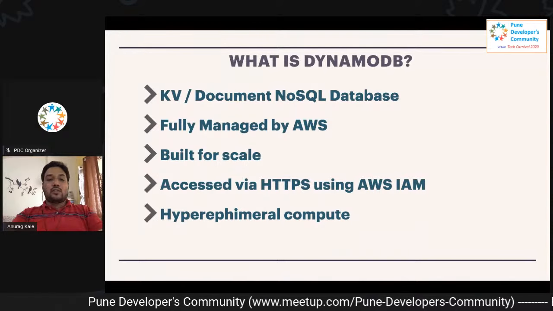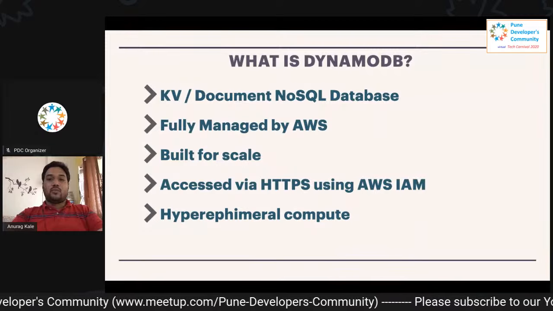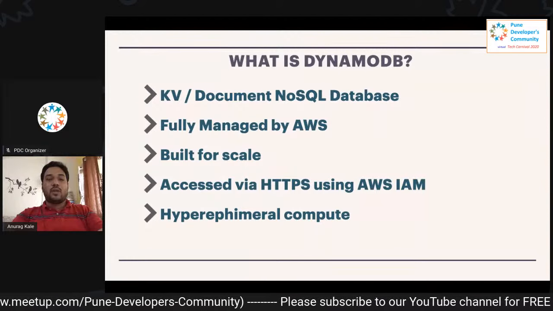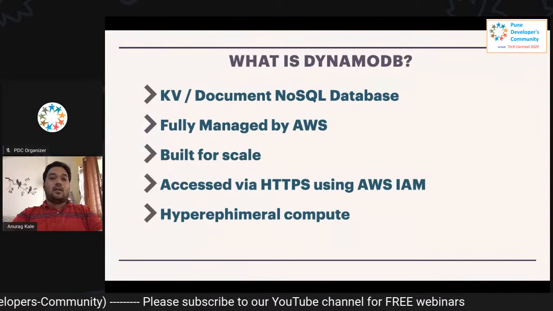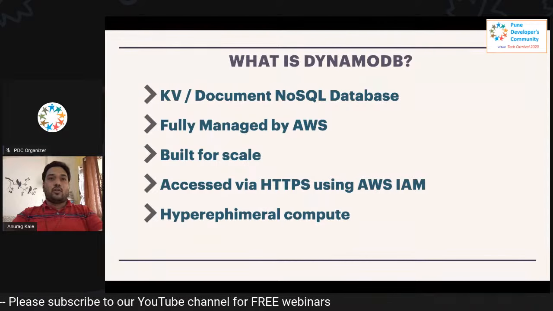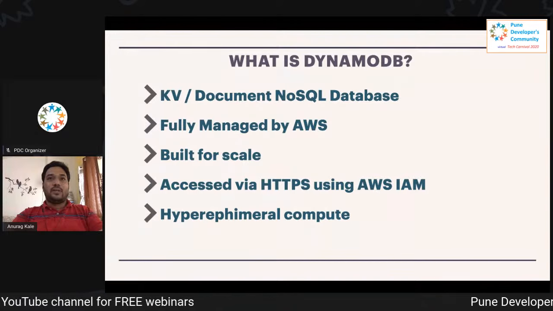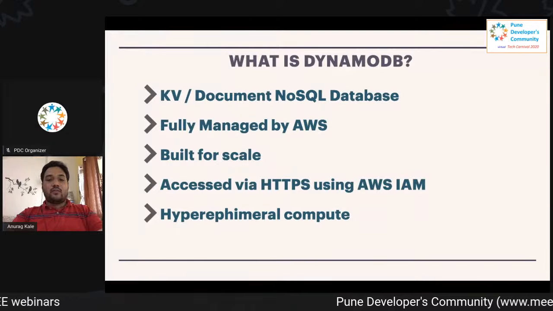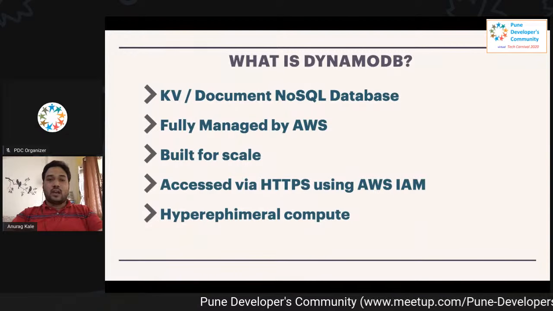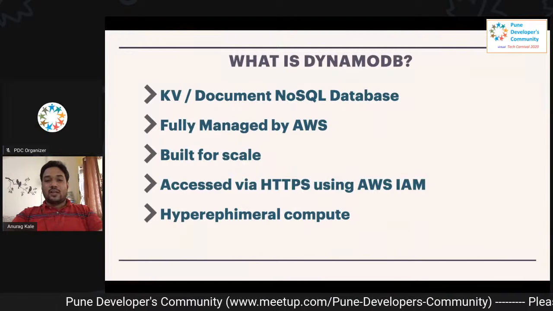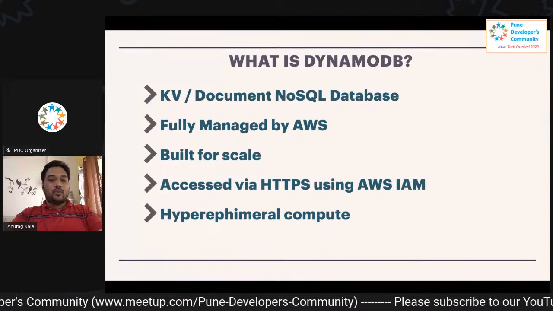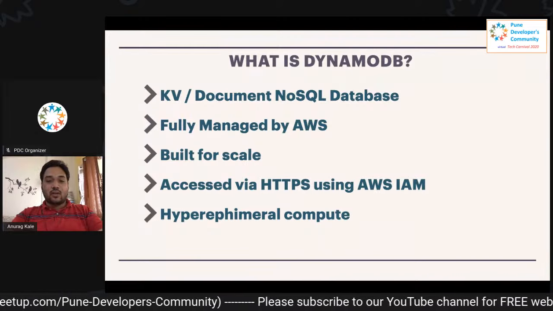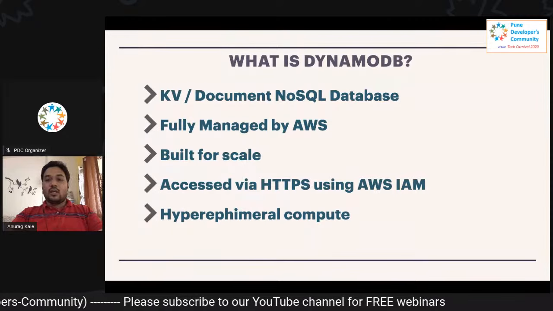It also falls into the category of hyper-ephemeral compute, which basically means you pay for what you use and not for what you are not using, and it can scale up and down as required, which is very difficult to achieve with traditional architectures. Other examples of hyper-ephemeral compute in AWS are Lambda, AppSync, and that kind of services.